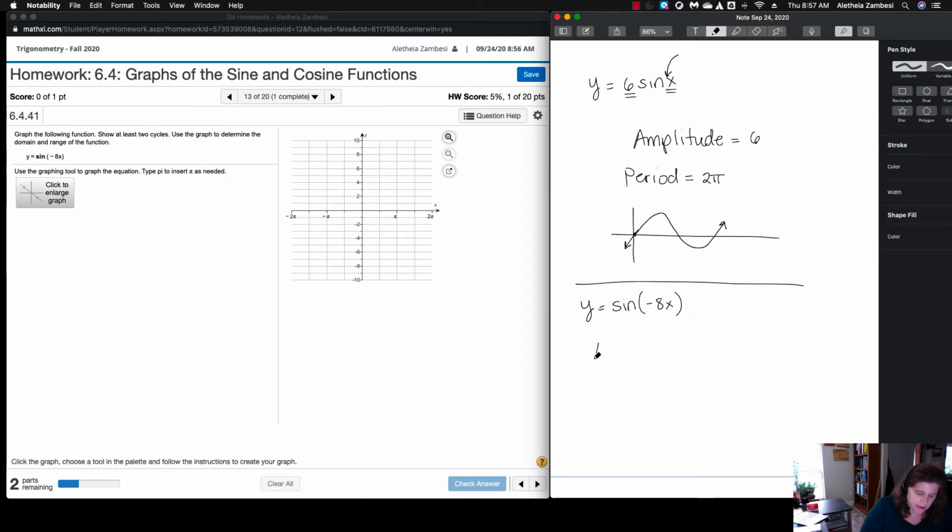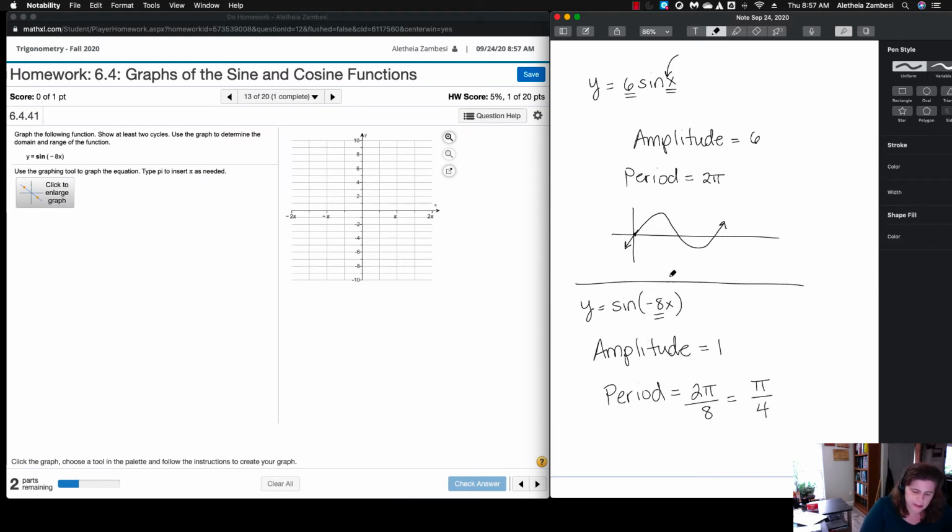Our amplitude this time is 1. Our period is equal to 2 pi over omega, and in this case our omega is 8. So we have pi over 4 for our period.